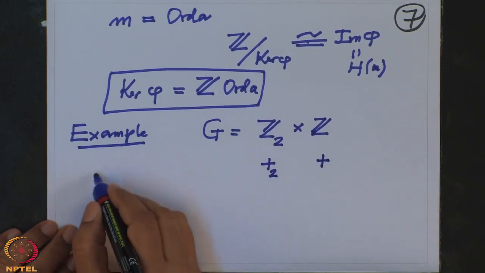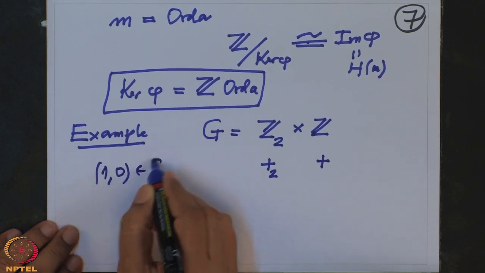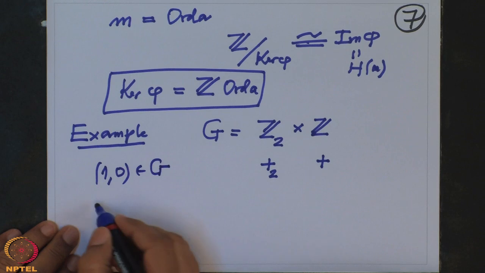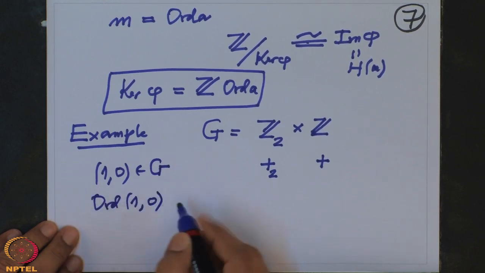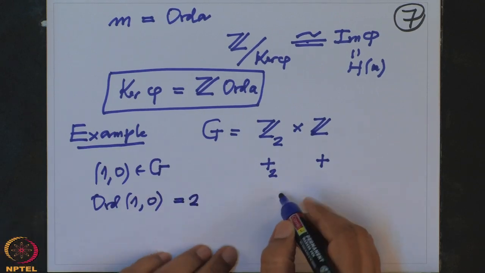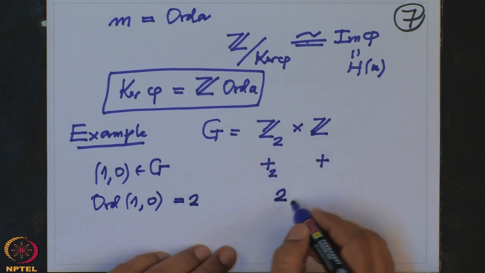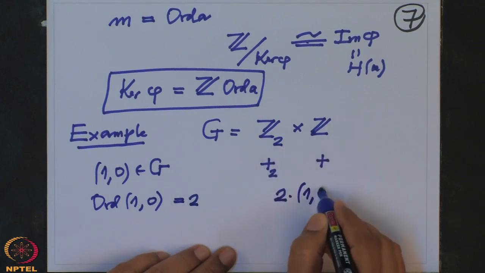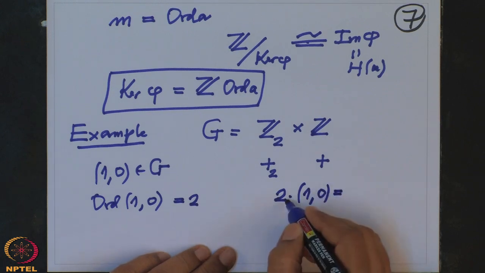Look at the element 1 comma 0, an element in G. What should be the order of 1 comma 0? I claim the order of 1 comma 0 is 2. That is because, since it is an additive group, I will write 2 times 1 comma 0, which by definition is adding this element to itself.